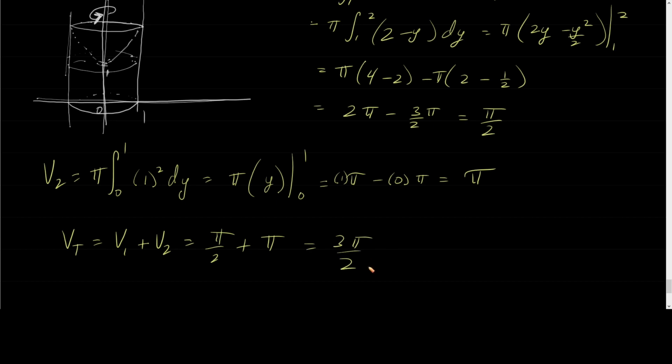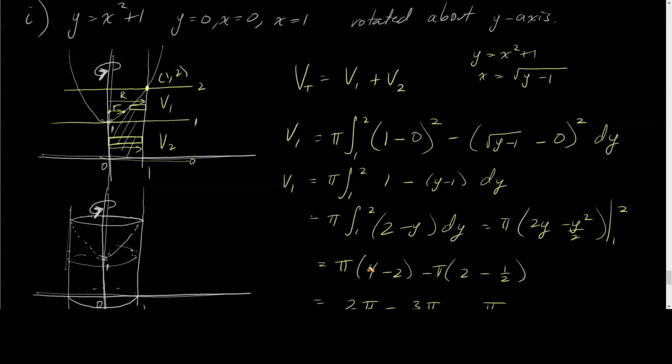All right. Now, the point of this problem, again, was to show that given the region, it's not always just one setup, right? I ended up having to do 2 different volumes being added up. And we again need to keep in mind that the big radius is this value minus this value, from there to there.